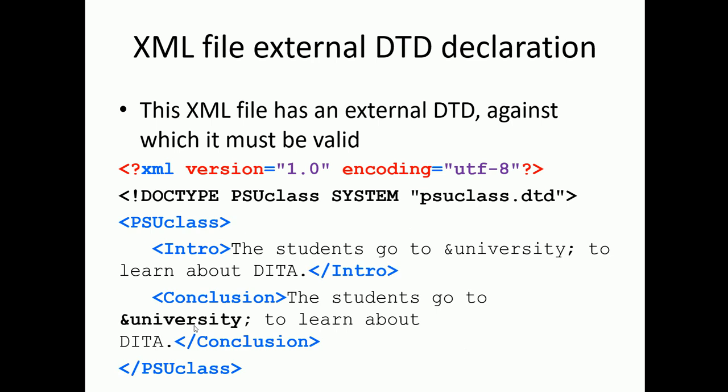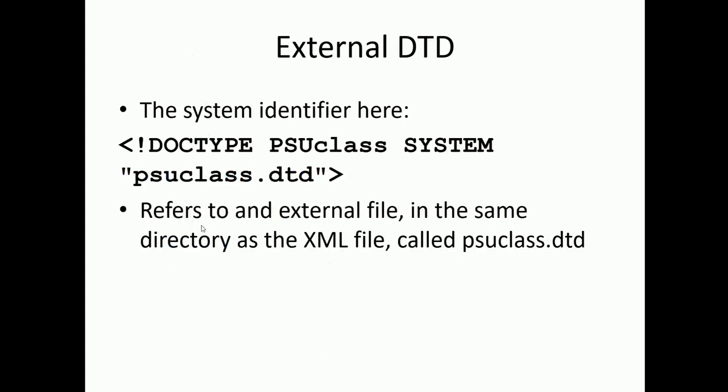An external DTD, this is much more common. You would see that you have your XML declaration, and you have a doctype declaration that has a name, and in this case it's a system identifier, and then it says that this DTD needs to be adjacent to this XML file, and that's where we go to get the rules to find out if all of this is valid. So what about that DTD?